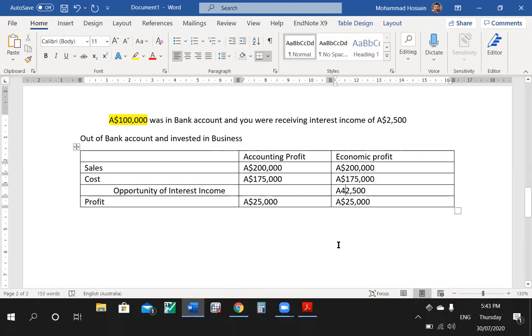We lost $2,500, so this also needs to be subtracted. Bracket means minus. Any of you who had an accounting class know that bracket means minus, always in accounting. So then it will not be $25,000, this will actually be $22,500.